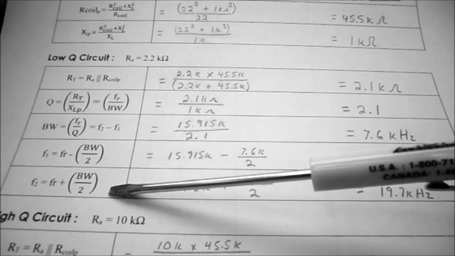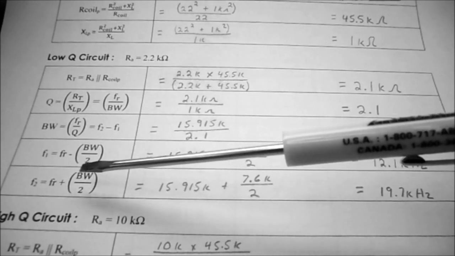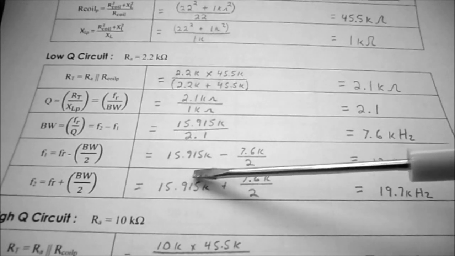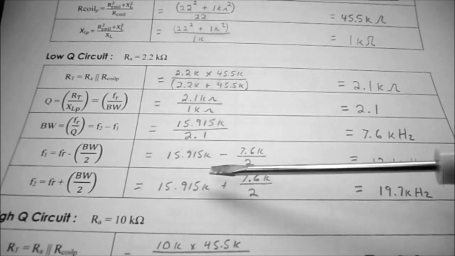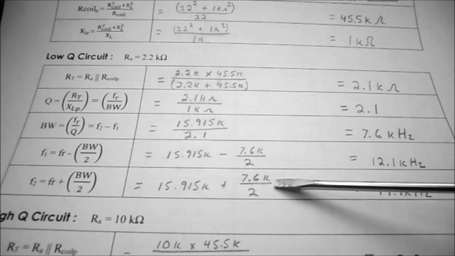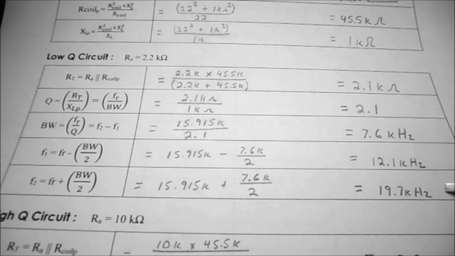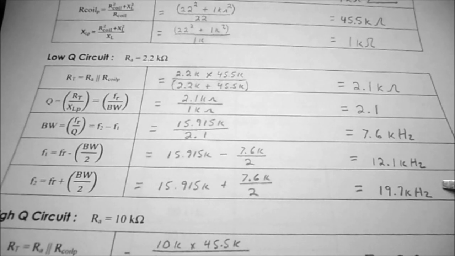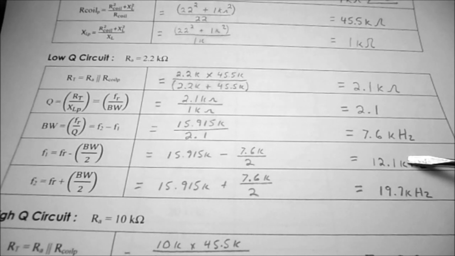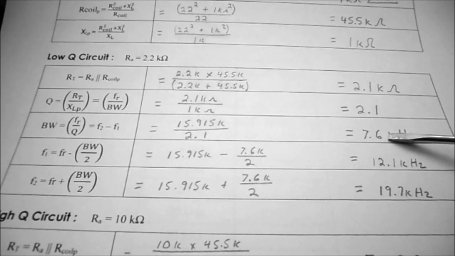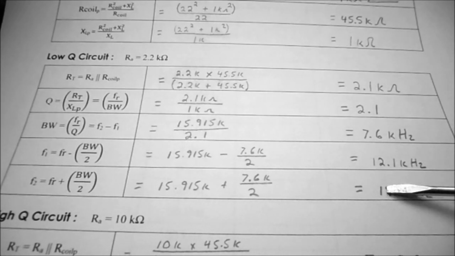F2, the upper corner frequency, is equal to 15.9K, the resonant frequency, plus 7.6K divided by 2. So that works out to 19.7K. So going between 12K and about 20K should be a 7.6K range.